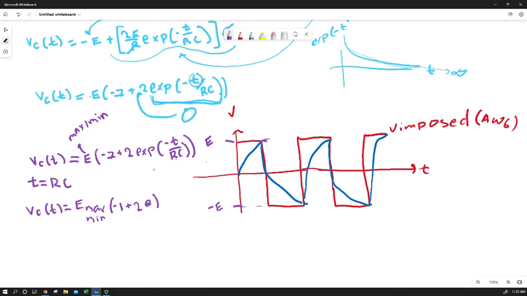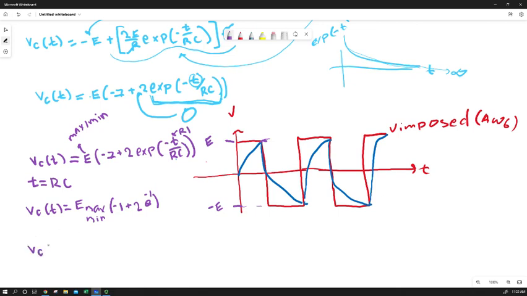Actually, we'll end up getting negative e raised to the -1, because we'll end up getting RC here, so we'll end up with e to the -1. So 1, negative, enter exponent function, it's about 0.36.